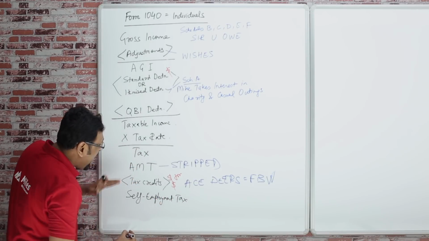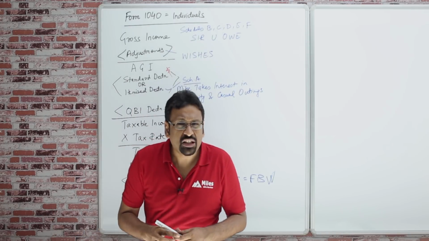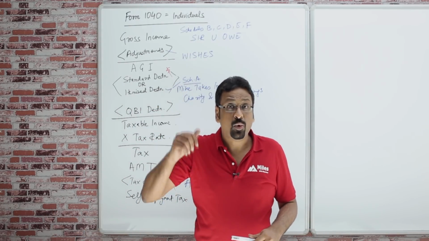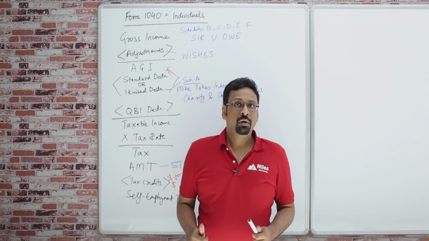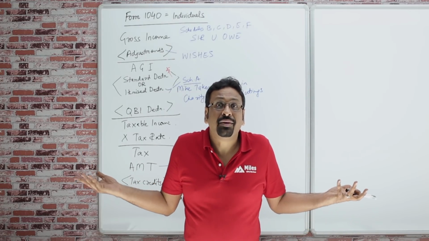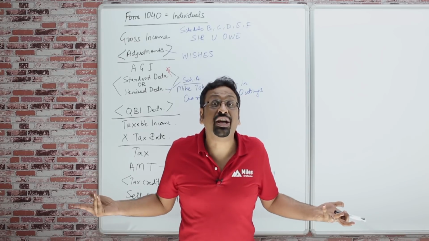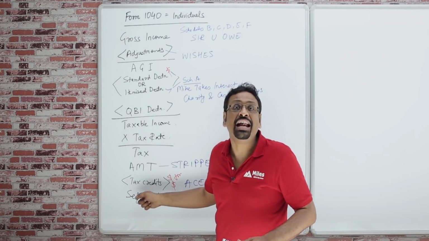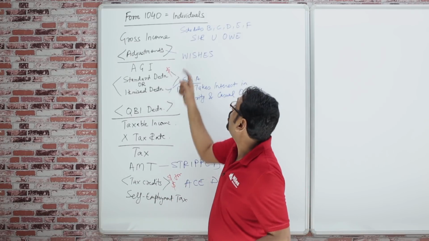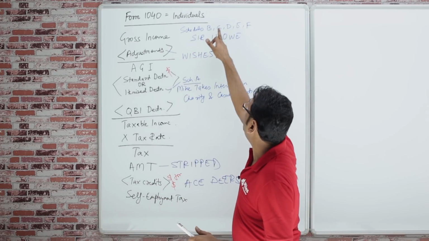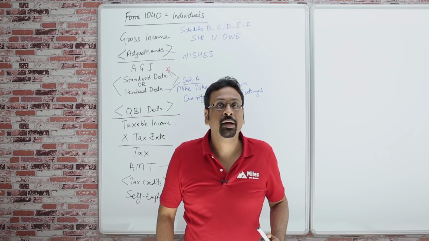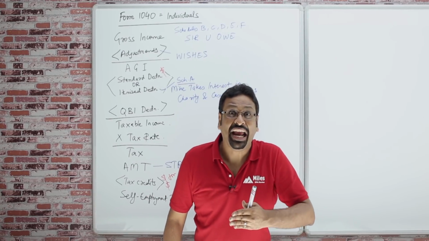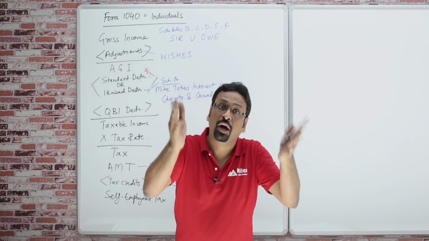Self-employment tax, as the name suggests, would apply if you're running your own business. When you run your business, you don't pay payroll taxes because you don't get salaries or wages. So now you have to pay the self-employment tax on your self-employment income that we have on Schedule C. And this self-employment tax is paid in addition to the regular income tax.